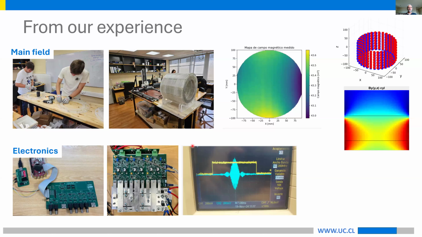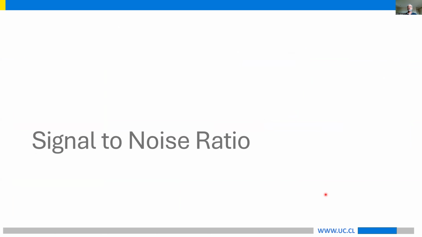We already have almost all the electronics to acquire the signal, so we expect in a few more days to have our first signal coming from this scanner. This has been a one-year process, and we have learned a lot. We are using the open source imaging model. So what I'm going to show you here are the foundations of the challenges we need to face when building our own low-cost scanner.